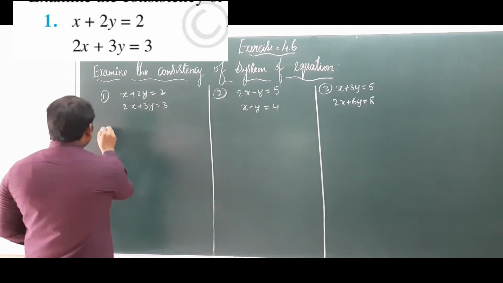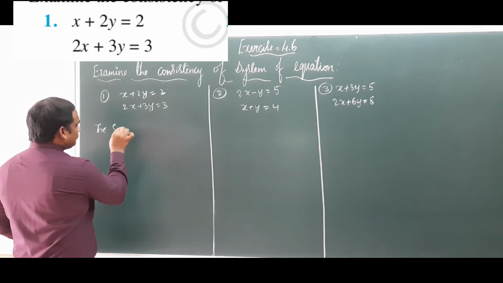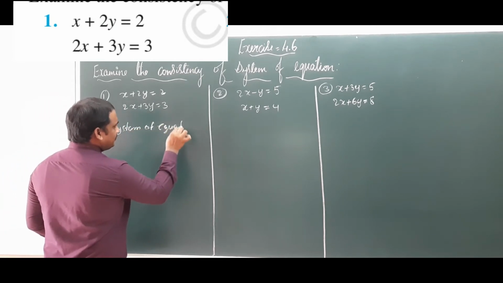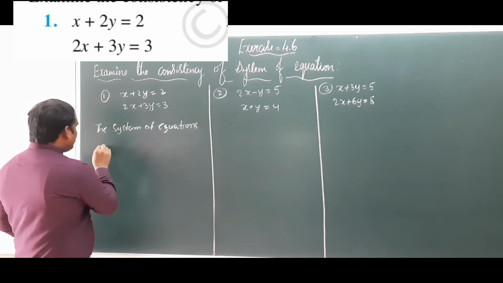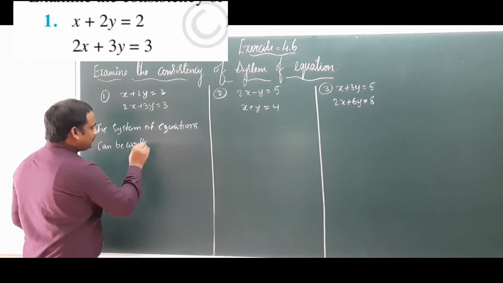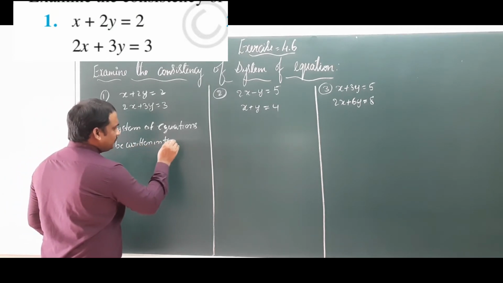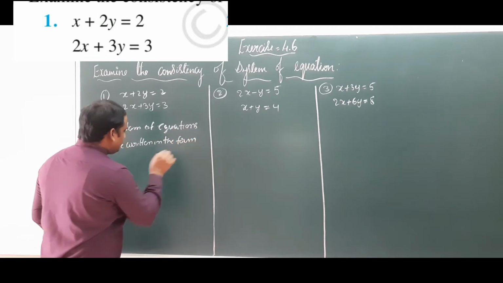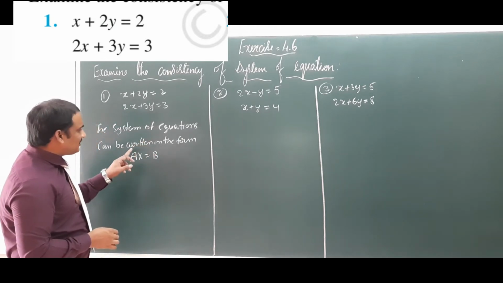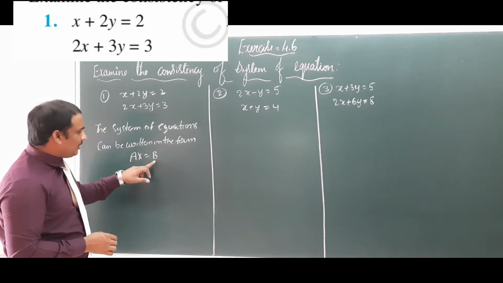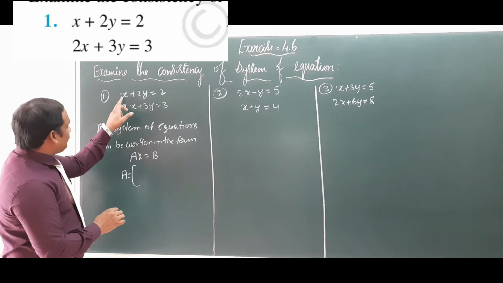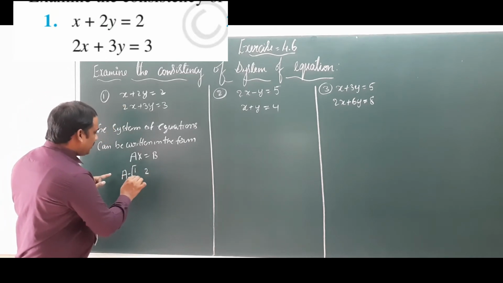Here you have to write the system of equations in the form AX equal to B. Here, matrix A equal to the coefficients of x and y: 1, 2, 2, 3.